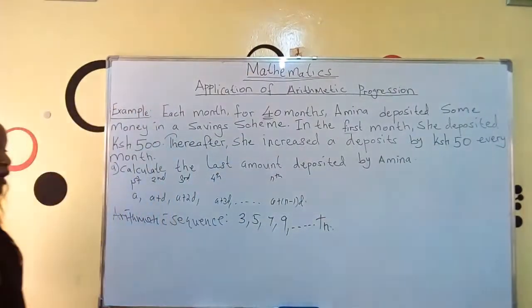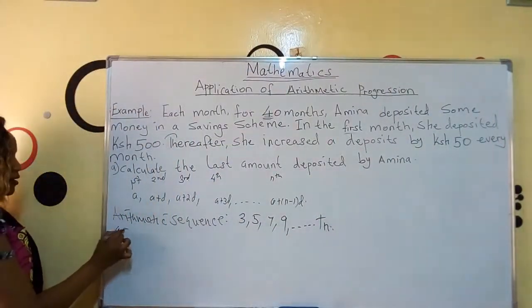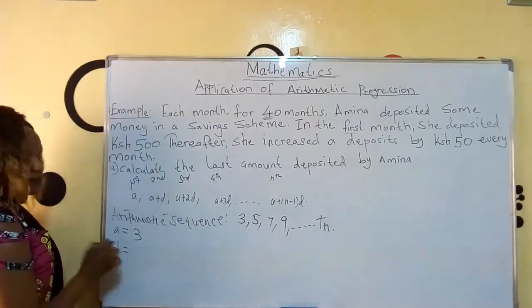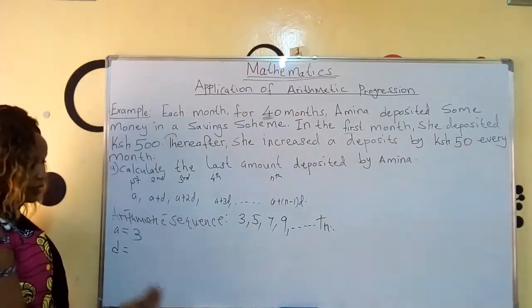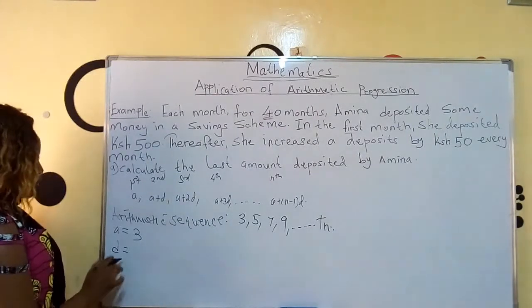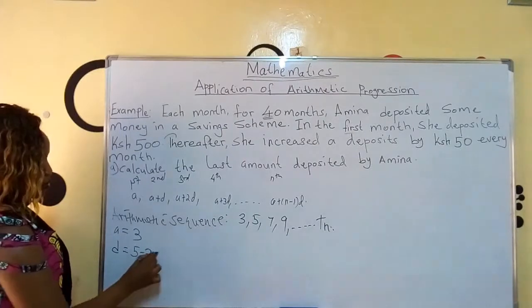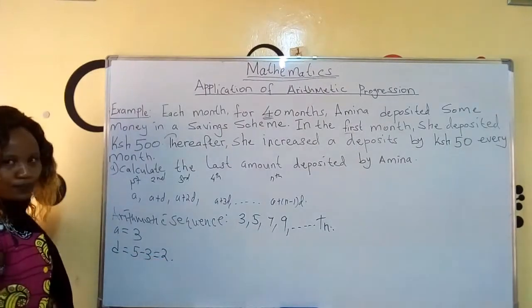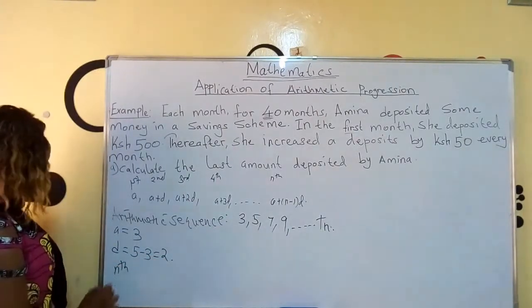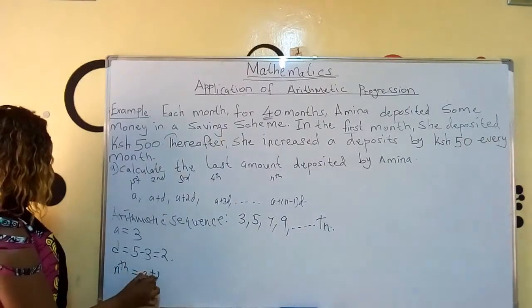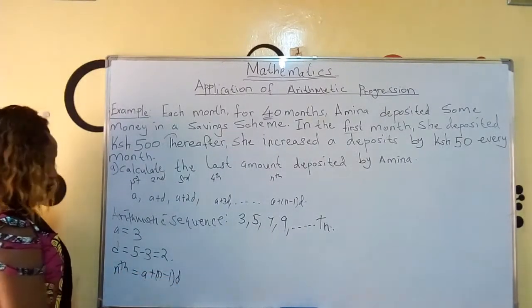In this case, A, the first term, is 3, and D is 5 minus 3, which is 2. The nth term, therefore, will be A plus n minus 1 D.